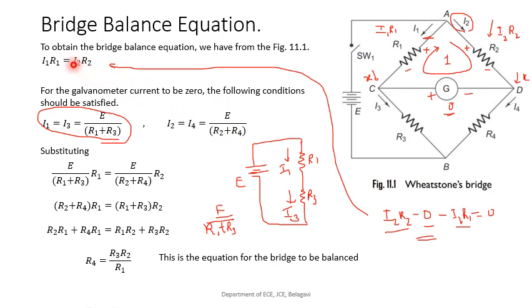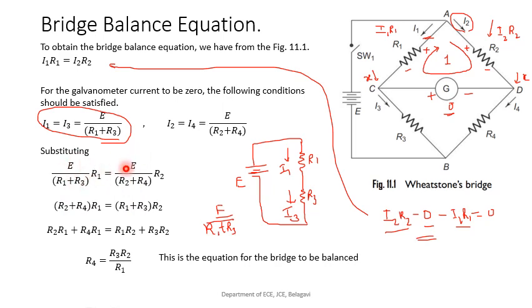Once we substitute, you will get something like this: I1 into R1 equals I2 into R2. You just cross multiply, take this here, take this here, and E will cancel.